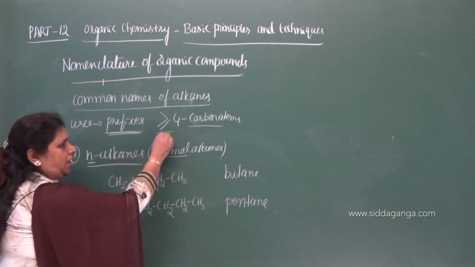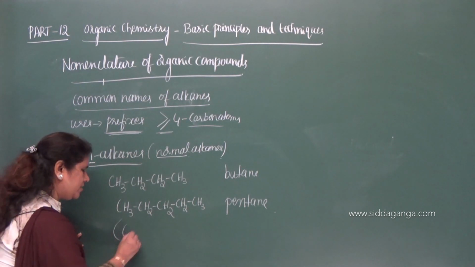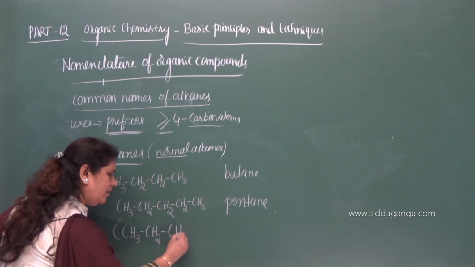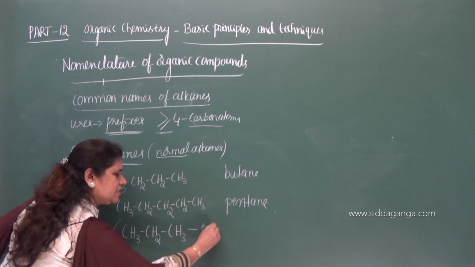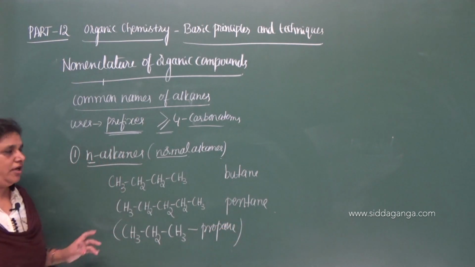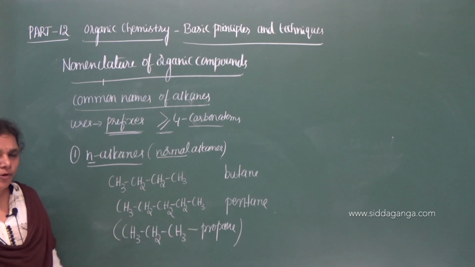There is one exception: to use this N-alkane prefix, you can also use the member called propane. This is an exception. Only for N-alkanes, you can take the example of propane also.